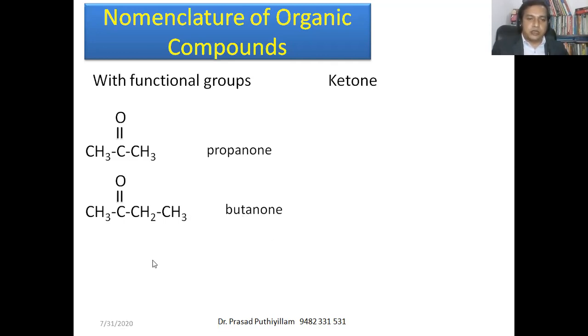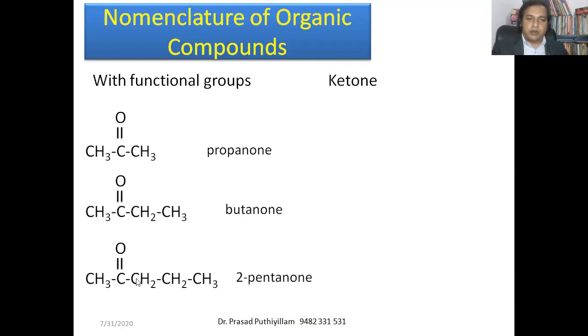Like that, another molecule is given, that is 2-pentanone. Why did I give 2? Because if the double bond O is on the third carbon atom, then it becomes 3-pentanone. Whether it is on this carbon or the other end, it becomes 2-pentanone only.